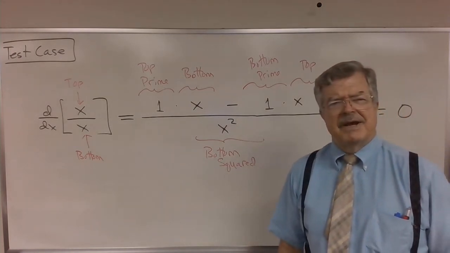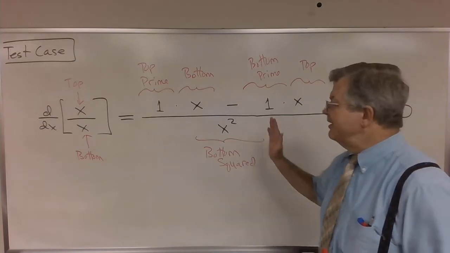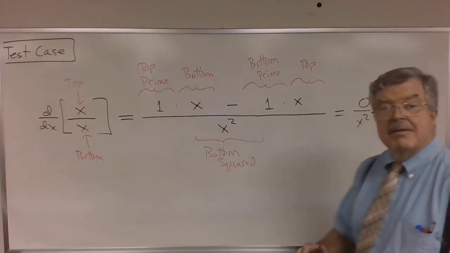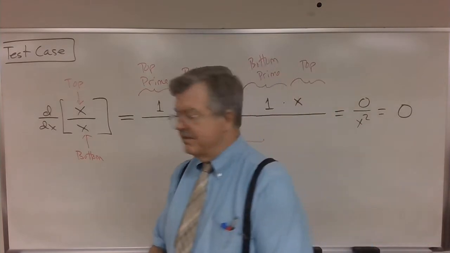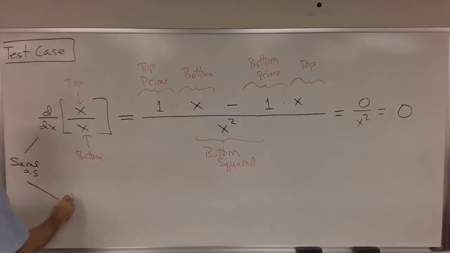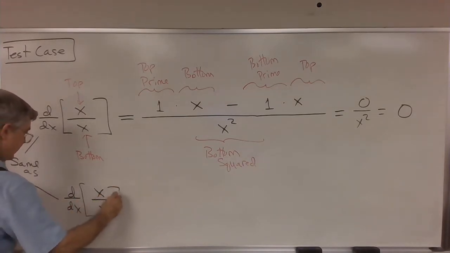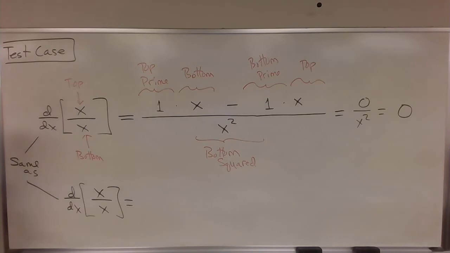Did we really do it right? Remember, with a test case, we need to be able to verify our result by an independent method. So here's our independent method. Derivative of x divided by x. We know what x divided by x is.